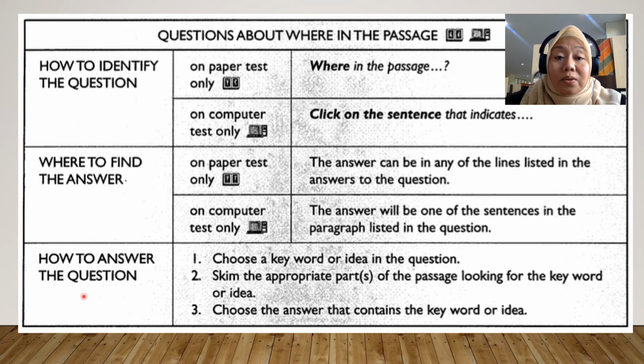Again, if you want to answer this type of question, you choose a keyword or idea in the question and then skim the appropriate part of the passage looking for the idea. All right, next let's go to skill 13.